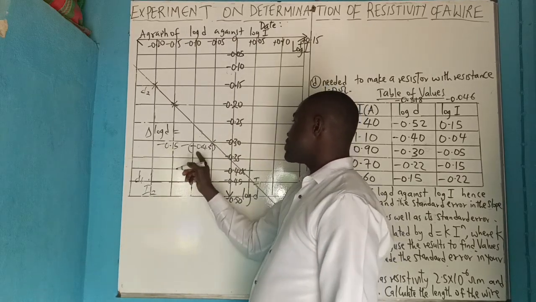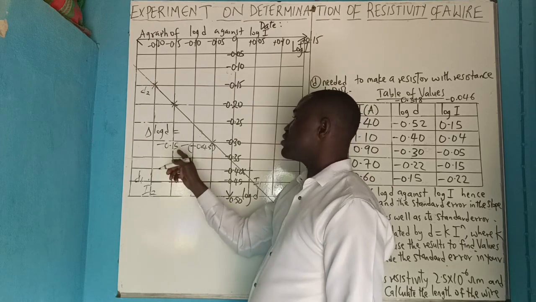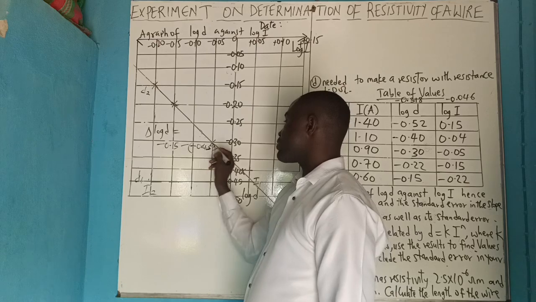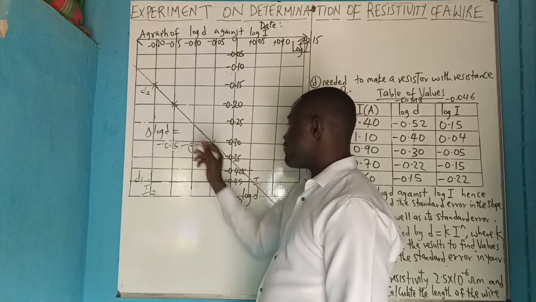So when you check this, you'll be having 0.3.